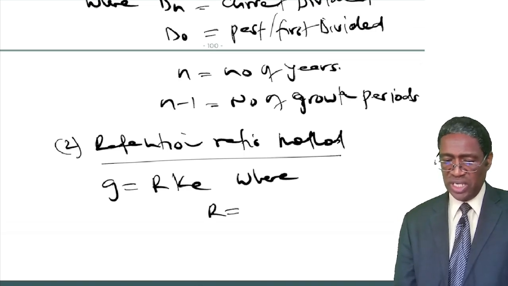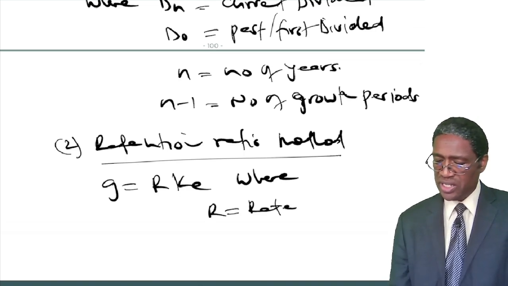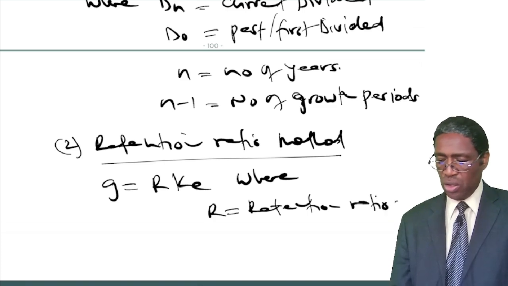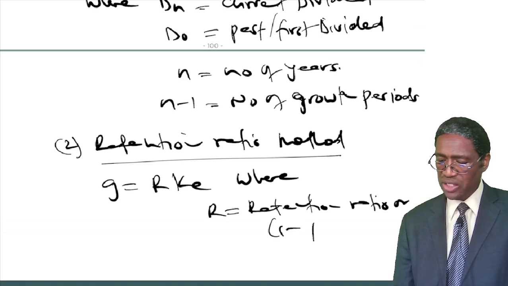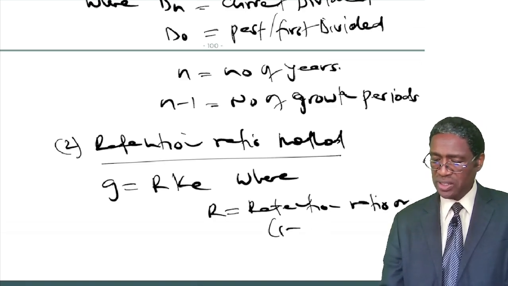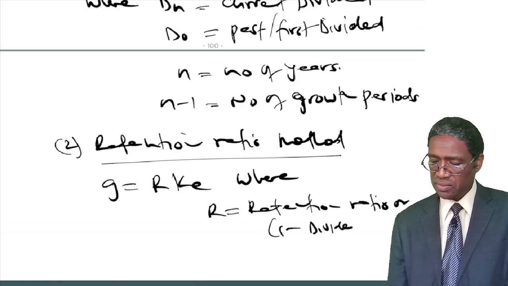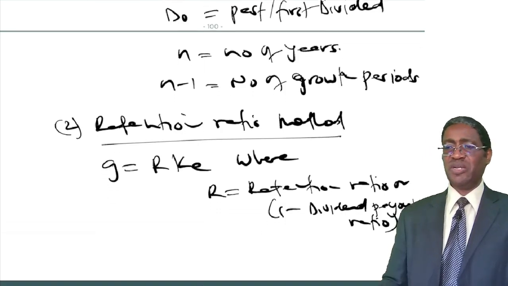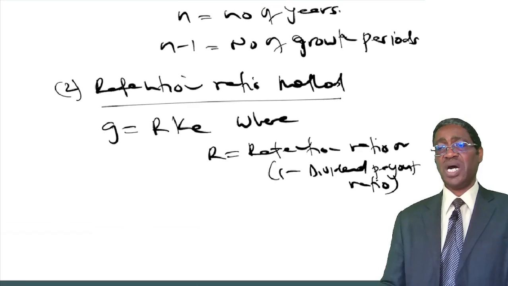R, we said, is the retention ratio, or 1 minus the dividend payout ratio. That is R.